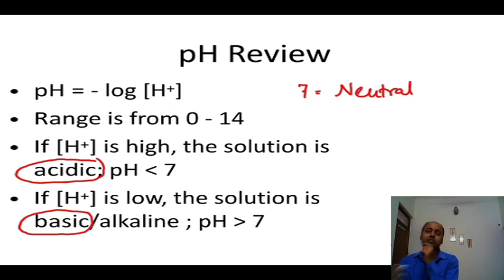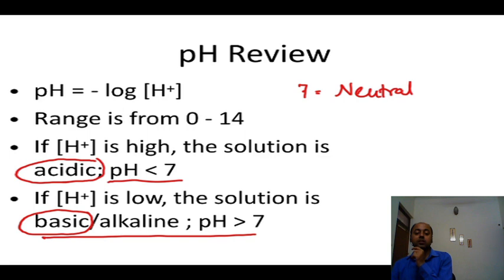In this case, the concentration of H plus is less than what is there in the neutral solution. So these are some values which you know: in acidic condition the pH is less than 7, in basic or alkaline condition the pH is more than 7. This is what you already know from your chemistry.